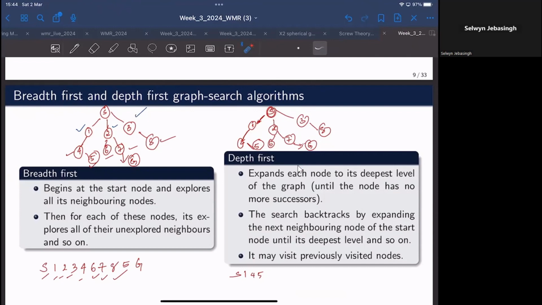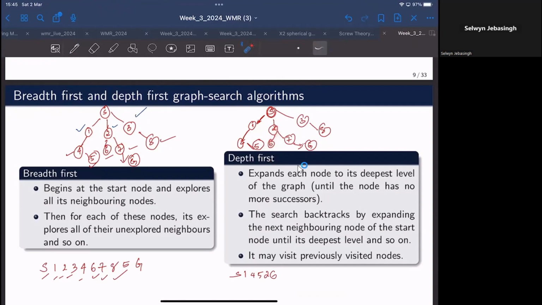Now again, it will try to go depth-wise on another path. Maybe if you take this path, it will go to 2, then it will go to 6. Then 6 does not have any more paths, it does not have any more nodes connected to it. So it will backtrack to 2.